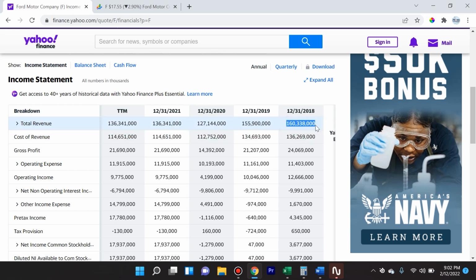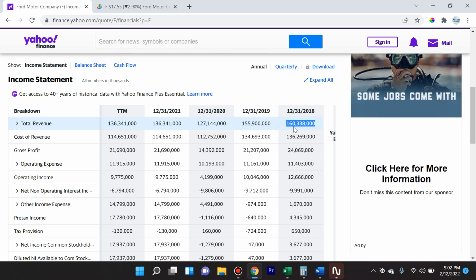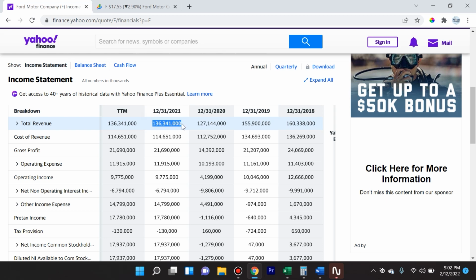Over here in 2018, they actually had 160,338 million in revenue. Then it slumped down to 156 billion. And then in 2020, it slumped down even more to 127 billion. And now it's sitting at 136,341 million. Keep that in mind, because it's going to be interesting as we dissect this income statement to see why this is actually not a terrible number and might be better than what we saw in 2019.